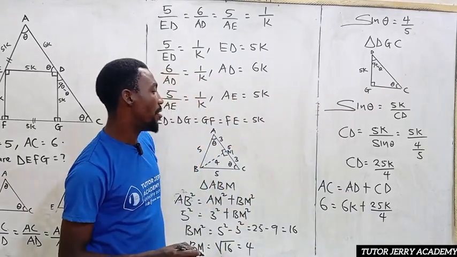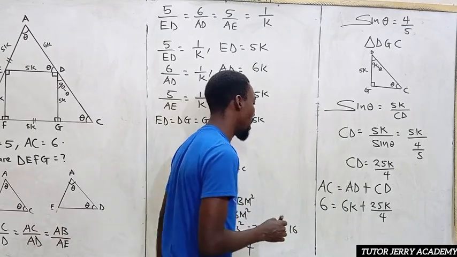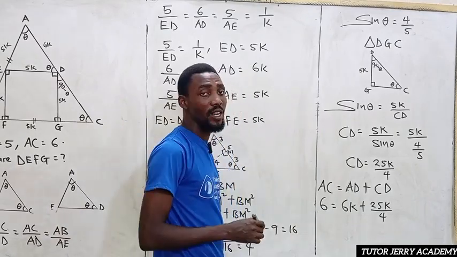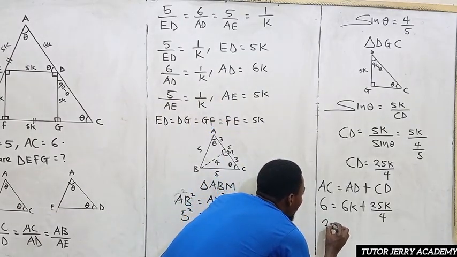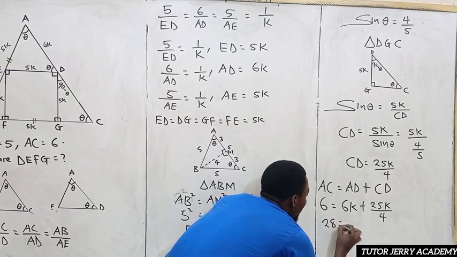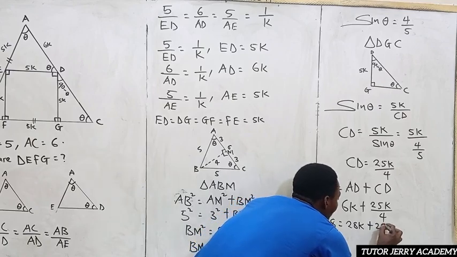So now, if we multiply through by 4, we're going to have 4 times 12. That is 28. So we're going to have 28 equal to 28K plus 25K.